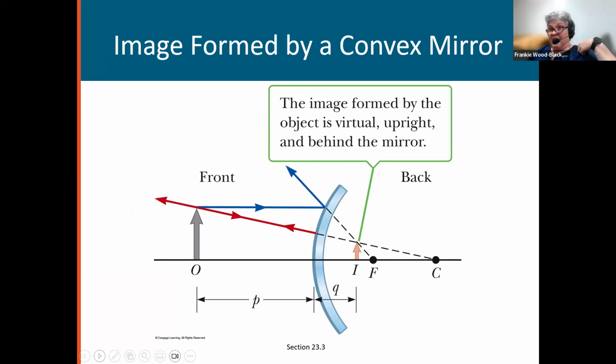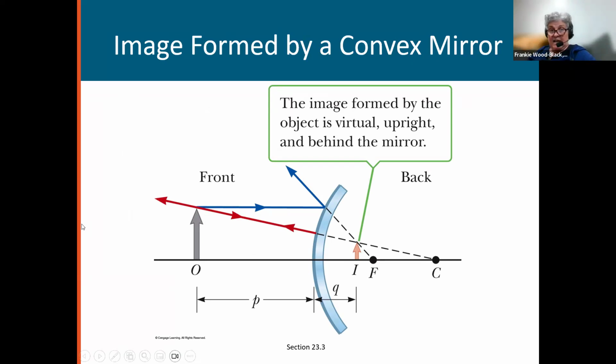Now, when I have a convex mirror, we call these diverging mirrors instead of converging mirrors. That concave, where it's focusing at that focal point, is a converging mirror, but I still can do it exactly the same way. The methodology is identical.